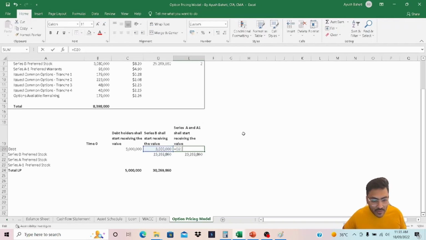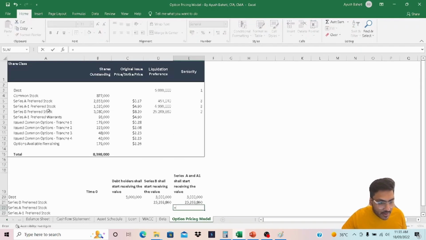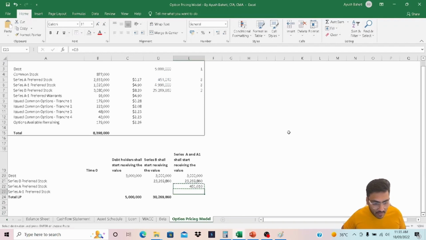Since we are calculating the cumulative strike price, that's why I will link this to here. And then series A, the value is this, and for series A1 this value, and the total liquidation value is around 35.7 million.